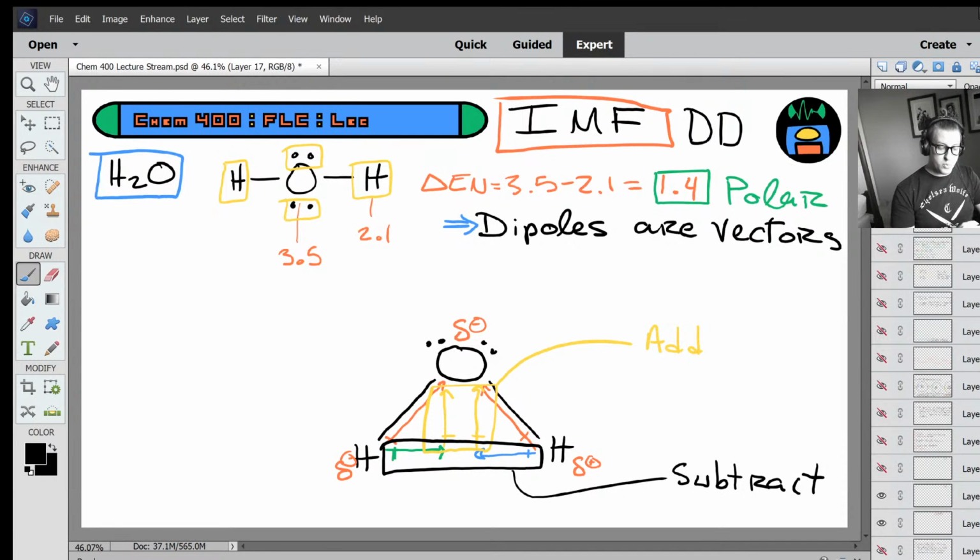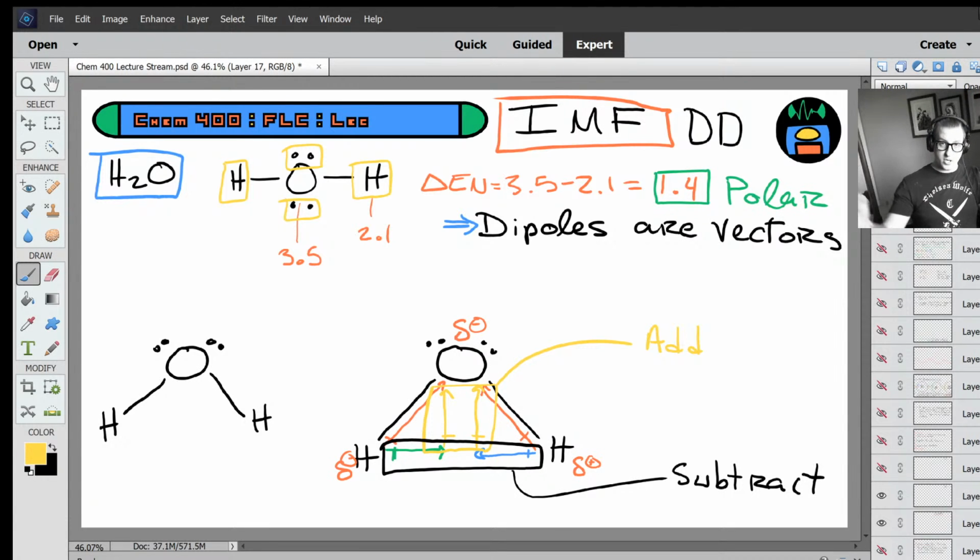So if you were asked, does a water molecule have a dipole moment, and if so, can you draw the dipole moment in the molecule? The overall dipole for the molecule would look like this.